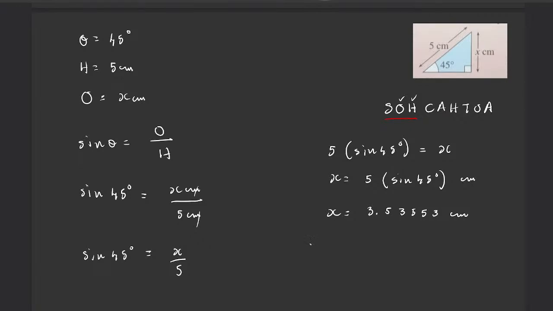So therefore, x is equal to 3.54 centimeters. Of course, that 5 here is 5 or greater, so we increase the significant figure to the left of it by 1, so we get a 4. All right, and of course we must put down our answer to 3 sig figs, and that is my answer. Moving on. Next example.